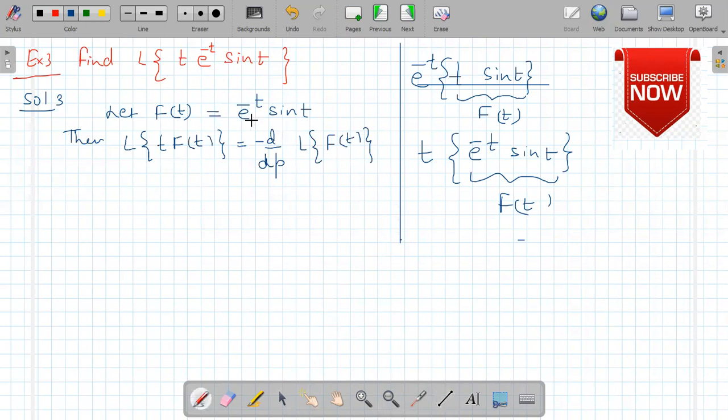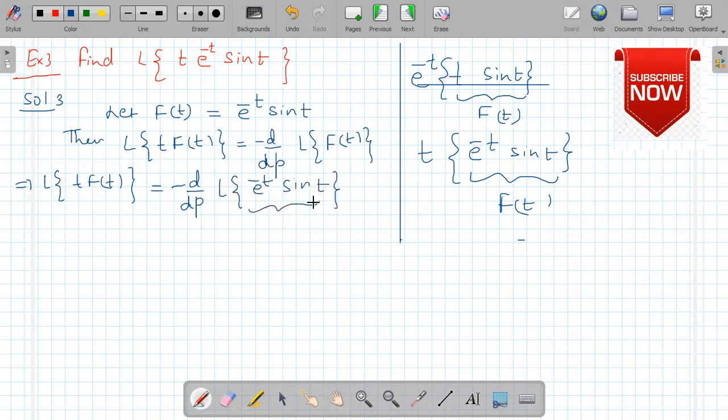So our f(t) is e to the power minus t sin t. So Laplace transform of t f(t) is equal to minus d over dp of Laplace transform of e to the power minus t sin t.